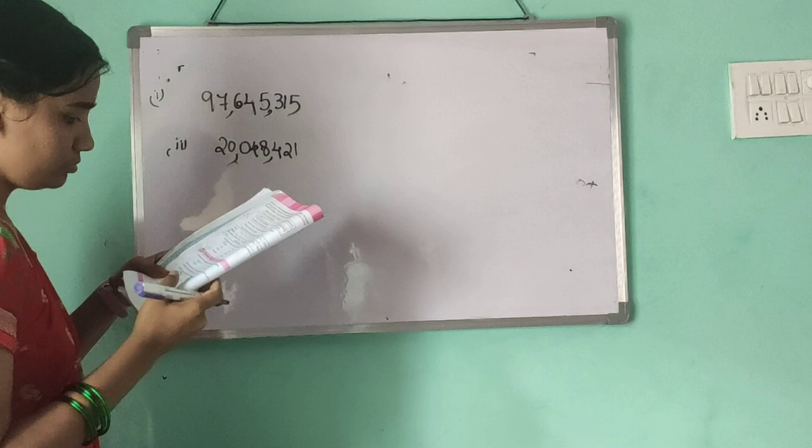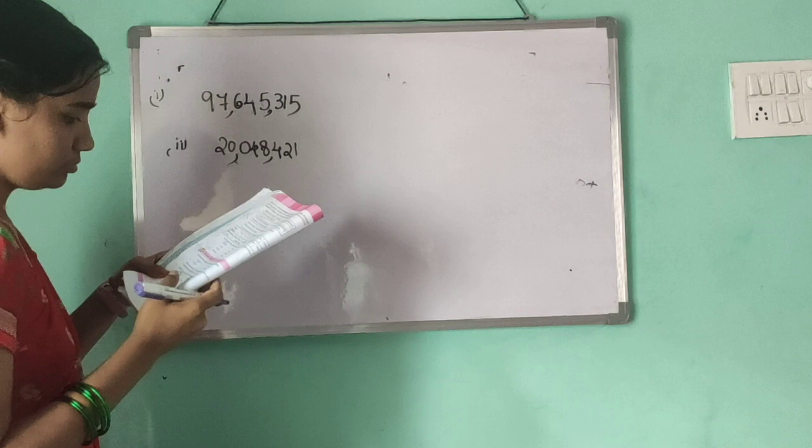Here, first we have to write the following answers. The digit at the millions place. Which number is in the millions place? How can we find it? See, ones, tens, 100, 1000, 10,000, lakhs. All are the same for the international system and the Indian system.